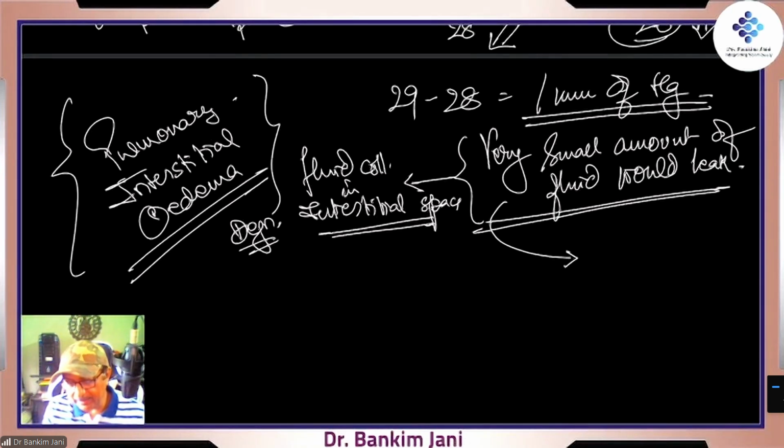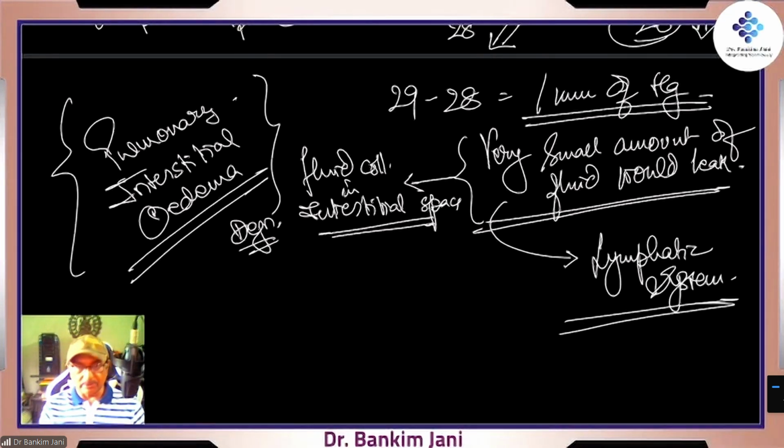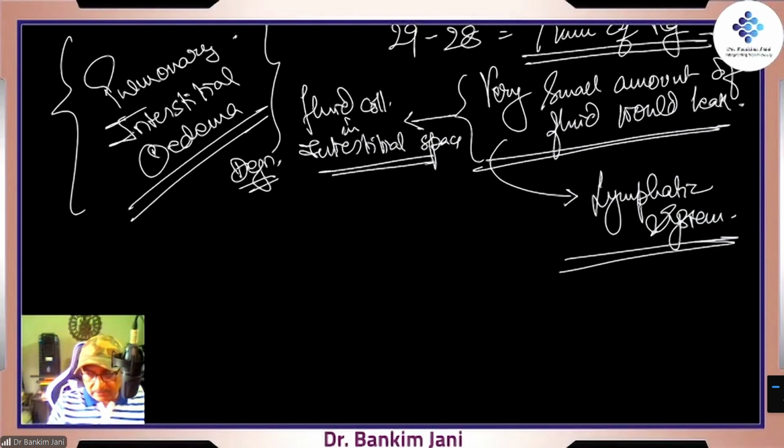It is redirected like this. Redirected means there is a system called the lymphatic system. This is an important system for immune disorders. This lymphatic system will be draining this fluid, and then it will put it in circulation into the blood.